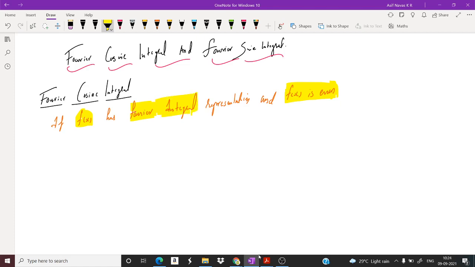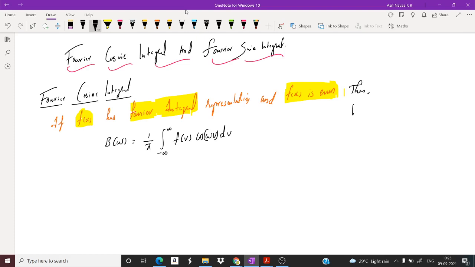Similarly here, if f of x is even, then we know what will happen to b of omega. By definition, what is b of omega? It's 1 by pi integral minus infinity to infinity f of v sin omega v dv. Tell me what will happen.